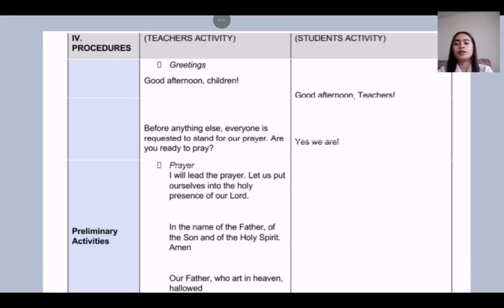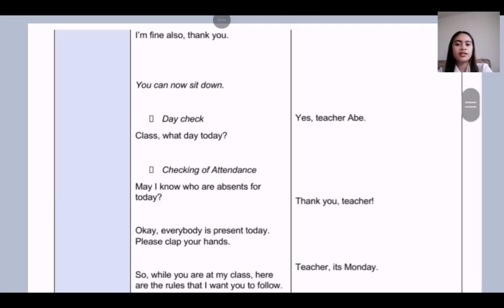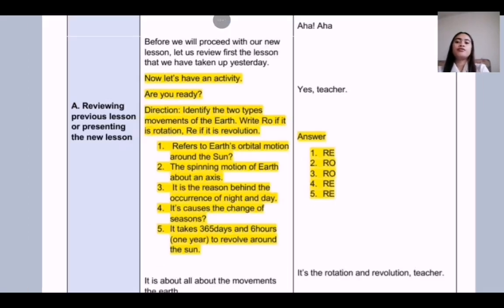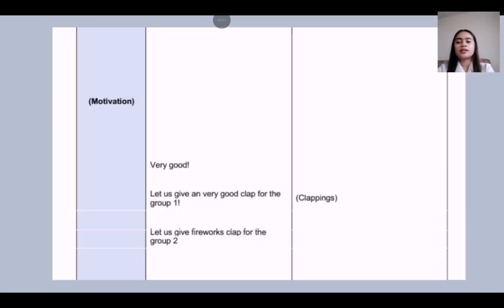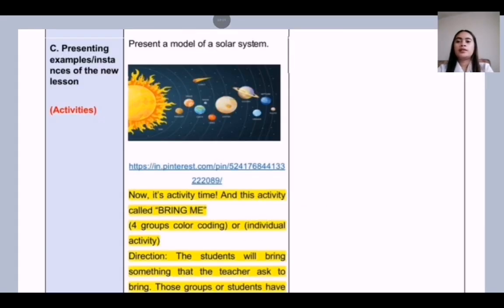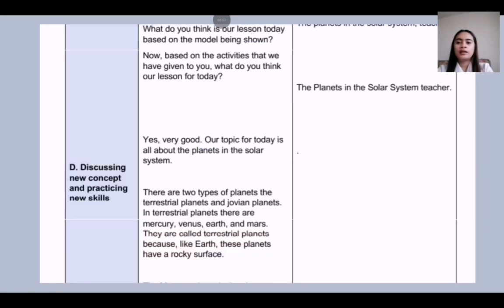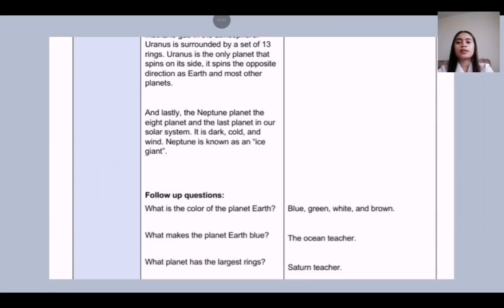And also in here, there are the procedures: preliminary activities, and reviewing the previous lesson or presenting the new lesson. Here are the motivation, the activities, and discussing new concepts and practicing new skills.